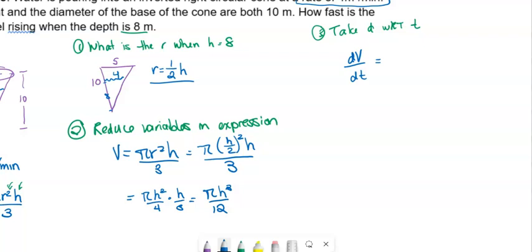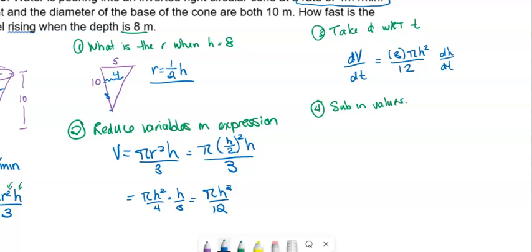is, take down the exponent, 3 pi h squared over my same constant as before, times the derivative of h with respect to time. Now that I have that, I can start subbing in my values where I know them.